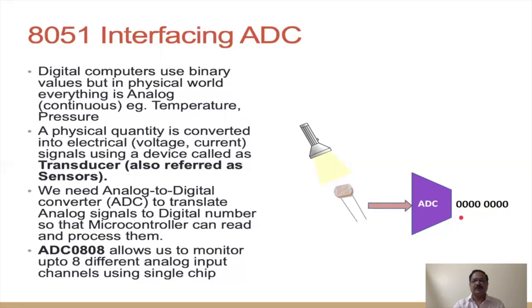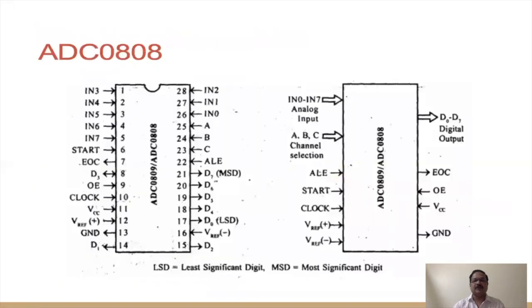Let us see how the A to D converter 0808 functions. For that, let us understand the various signals available on this 28-pin chip. Here we can see the input side, where IN0 to IN7 are the 8 analog input signals. A, B, C are the 3 address inputs, called channel selection.